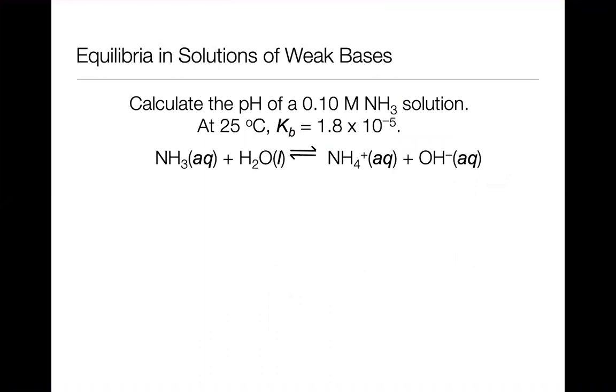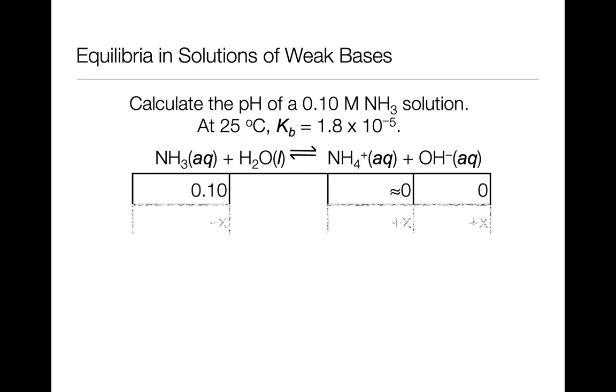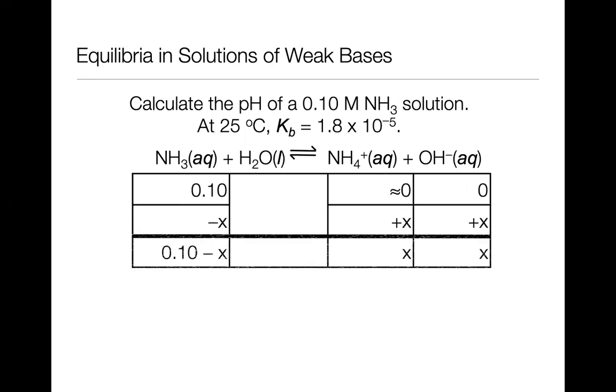So why don't we do a quick example problem using Kb, and we're going to see it's going through very similar steps. It's asking us to calculate the pH of a 0.10 molar solution of ammonia, and it gave me the Kb for ammonia. I can write out the balanced chemical reaction, set up my ICE table, my initial, my change, and then my equilibrium concentrations. I have a Kb.